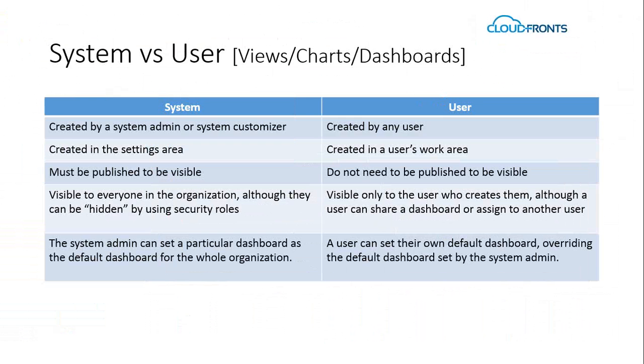What's the difference between a system and a user dashboard? System dashboards or charts are created by the system admin, and any particular user can create a user dashboard, chart, or view. So where can we find the option?